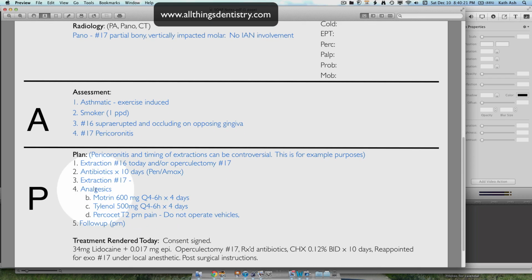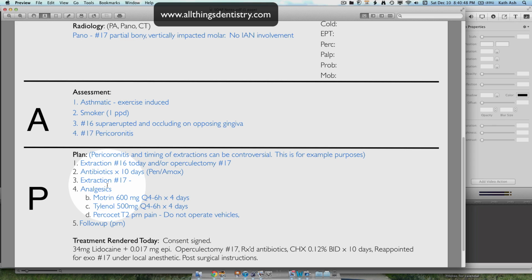And finally, our plan is, what are we going to do today and what are we going to do in the future for this situation, or for the whole patient. In this case, I put down a fictitious plan, but the key things are what's going to happen today, what's going to happen in a few days, what I'm going to provide for analgesia, and how I'm going to follow up.